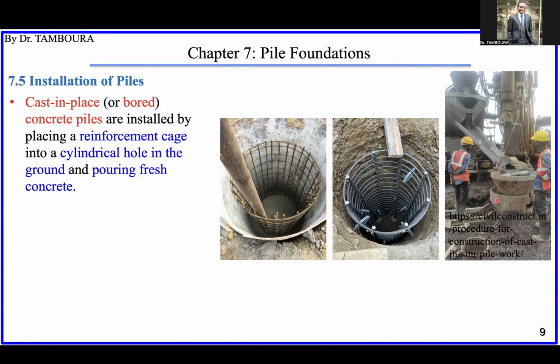I think we talked about casing and cased and uncased bored pile. Anyway, this is another way to install pile in the ground. So we have impact, vibro, and bored pile. This kind of bored pile, the drilled shaft foundation, is also in this category. We will come back to this later.